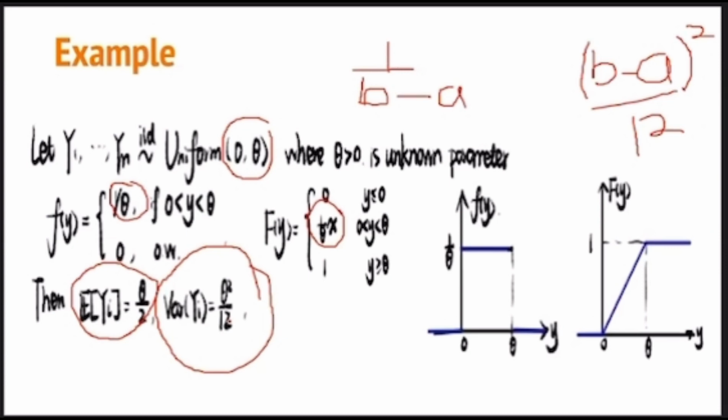That means that we can't go forward without figuring out the value of the parameter theta. Any question? I'm trying to tell you the reason why we do what we do. We don't just do what we do. There's a reason why we do what we do.